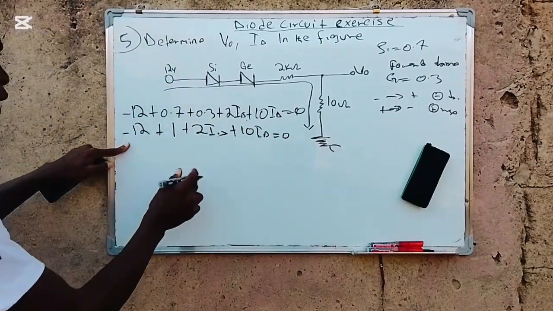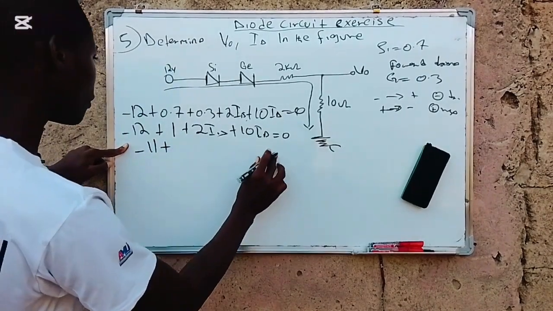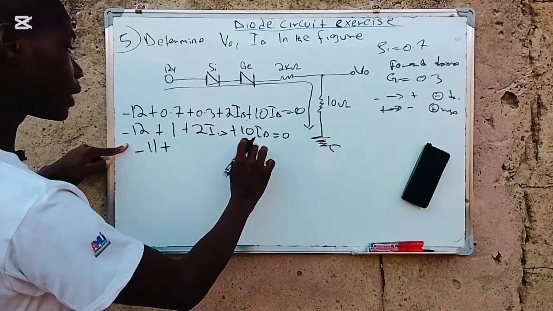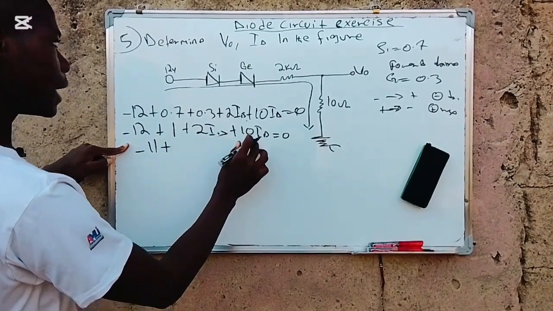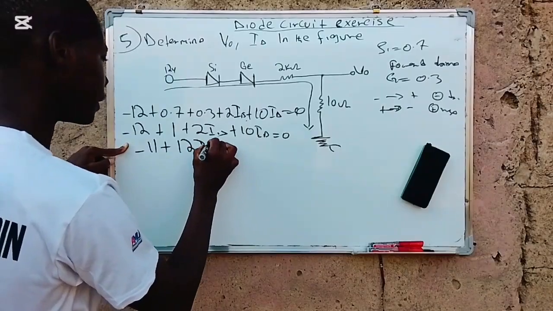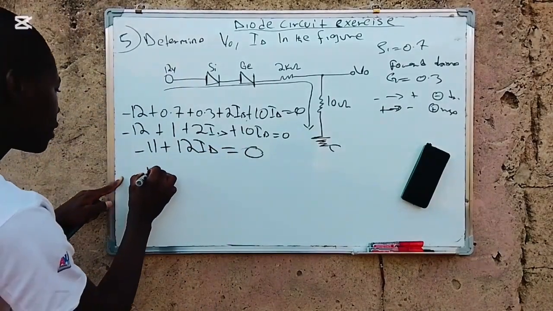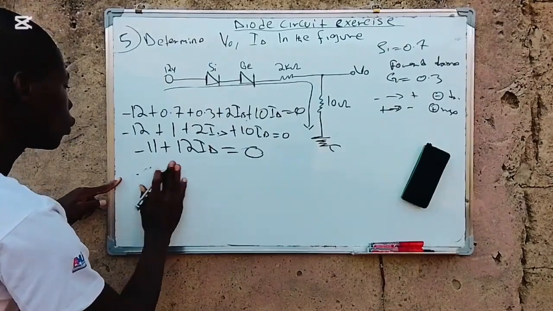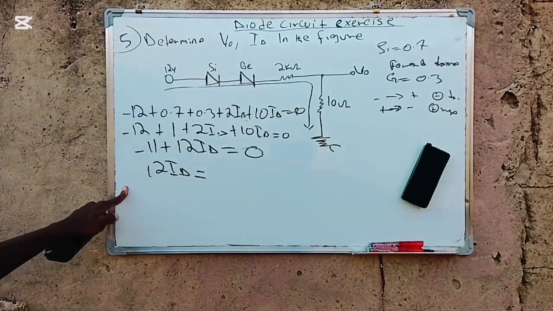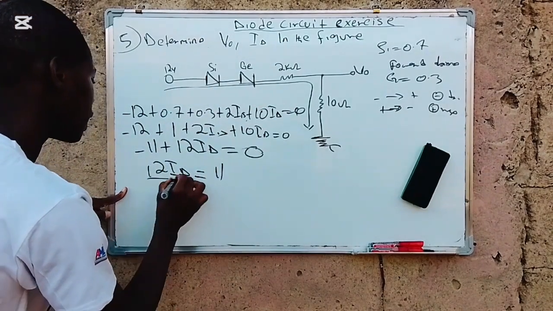Minus 11 plus this and this, 10 plus 2, it will give me 12 ID, this should now be equal to 0. So I will just keep 12 ID as it is. When minus 11 crosses the equal sign, it will now be 11.